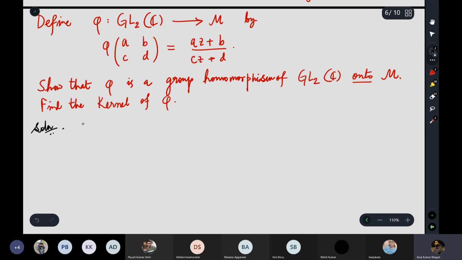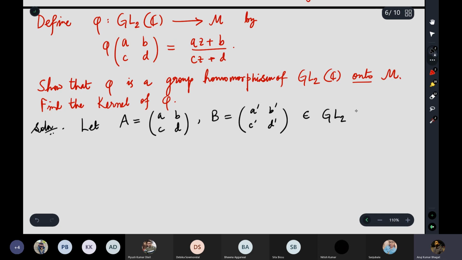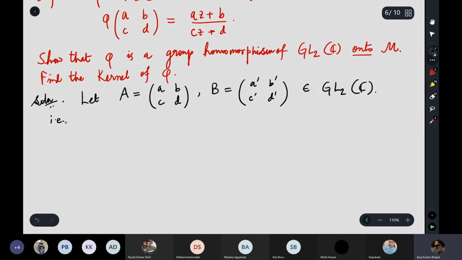So I have to first pick two matrices. Let A, which is (A, B, C, D), and B as (A prime, B prime, C prime, D prime), both be from this. What is known to us is that AD minus BC is not 0, and A prime D prime minus B prime C prime is not 0.